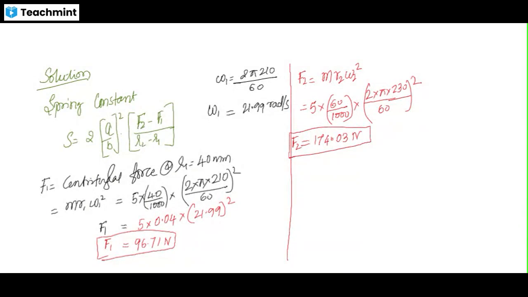Substitute all values in the spring constant. S equal to 2, and as the lengths are the same, you can take a and b as 1.